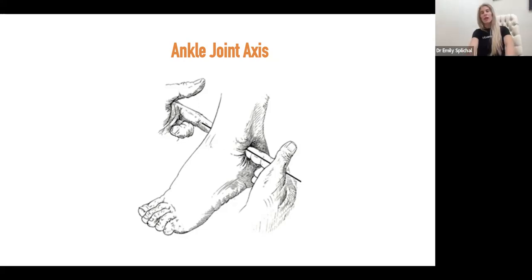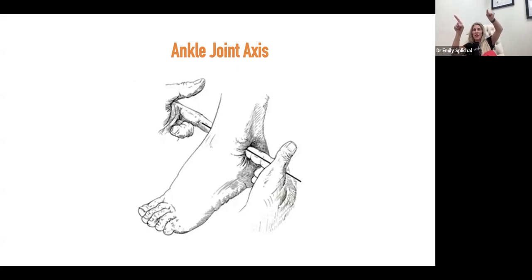Okay. So when you look at your ankle joint, oops, I thought that it had said it, but it didn't. I apologize. So when we look at our ankle joint, what happens based off of the axis is that as you dorsiflex your ankle, it's also going to go out.